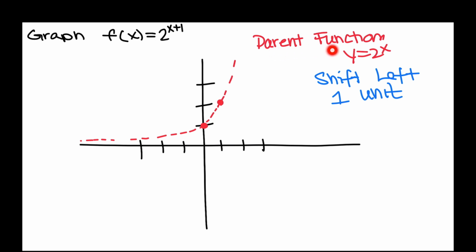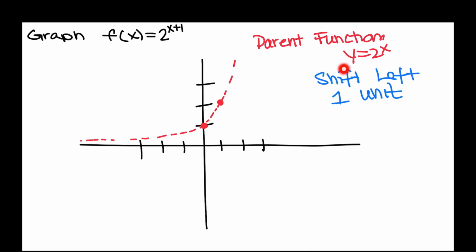So we can think of this as a parent function of y equals 2 to the x, and then this plus 1 is a graphing transformation that's happening inside the exponent. So it's an input transformation that's going to impact our x values. We do the opposite of what it says. It says plus 1, so we're actually going to move the graph left 1 unit.